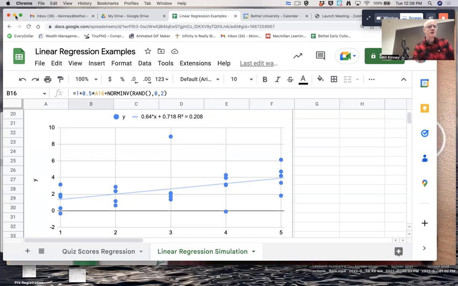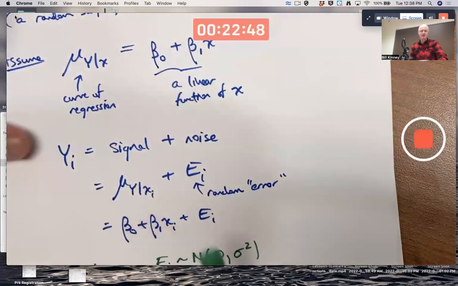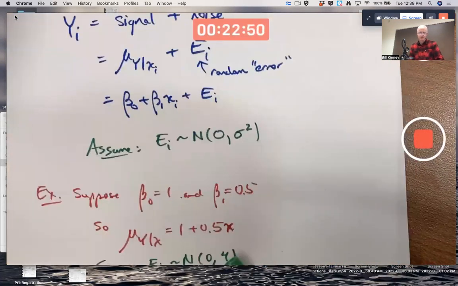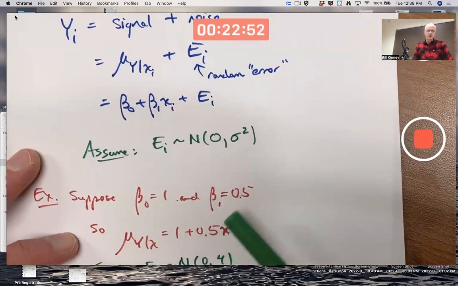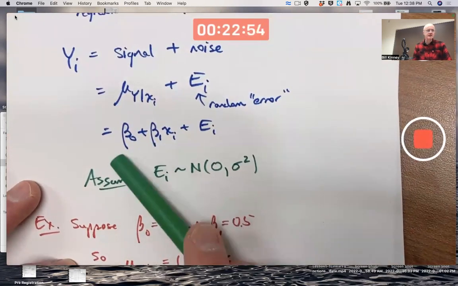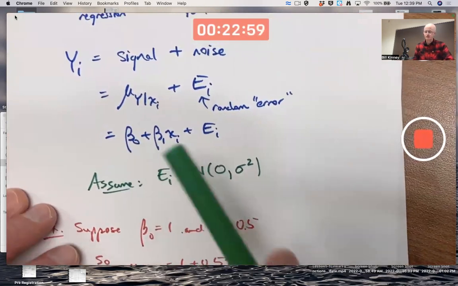I do want to come back to doing more with regression on a spreadsheet, including showing you how to get some important kinds of output. But for the moment, I think it would be good to talk more about inference. To talk about estimators for beta 0 and beta 1 as random variables. Oh, and what should we call them?